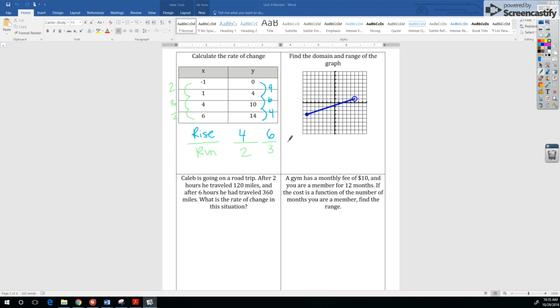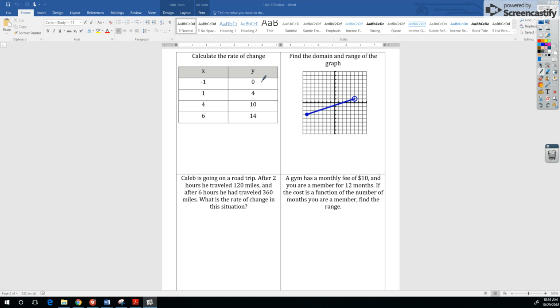Look at those fractions. 4 divided by 2 is 2. And 6 divided by 3 is also 2. Either way, we get 2. I can use the slope formula for this one as well.